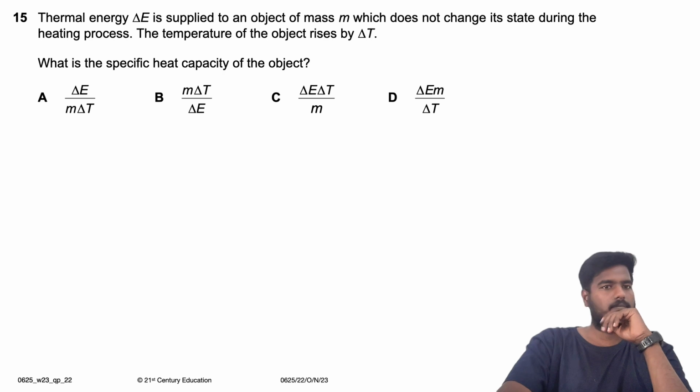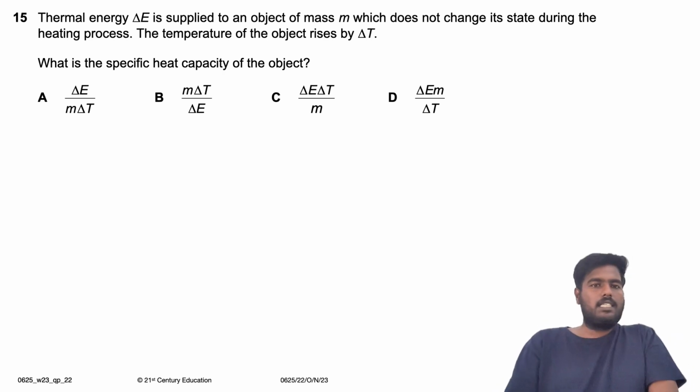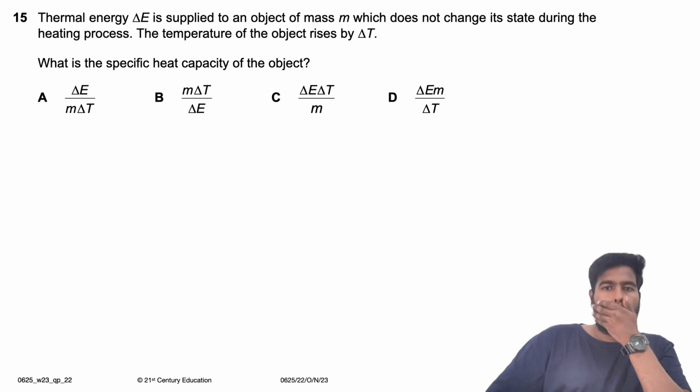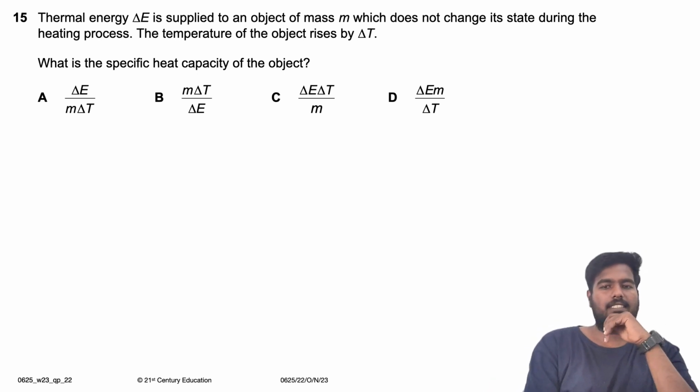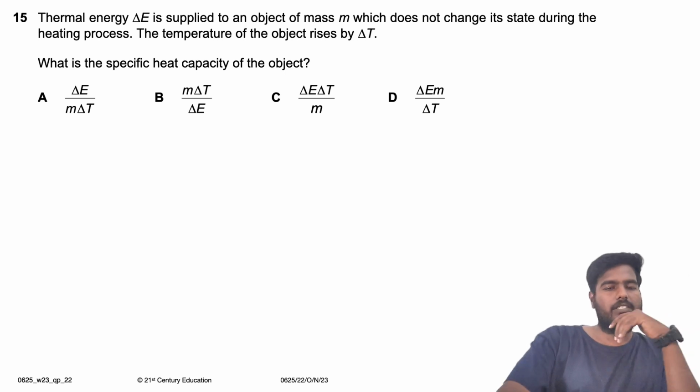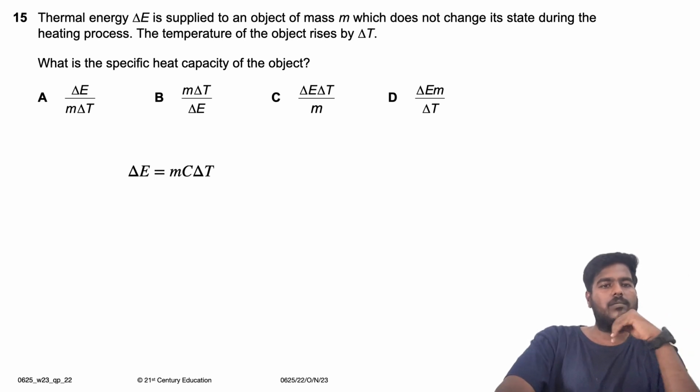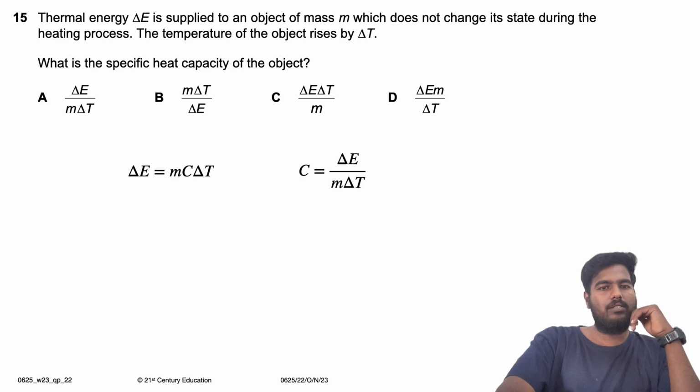Good. Thermal energy delta E is supplied to an object of mass m, which does not change its state during the heating process. The temperature of the object rises by delta T. What is the specific heat capacity of the object? We know the equation delta E equal to m c delta theta, or C equal to delta E by m delta theta.